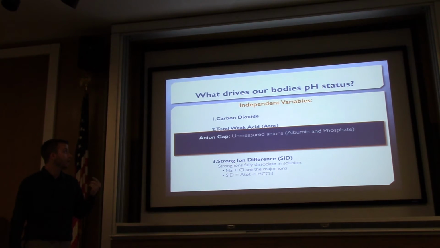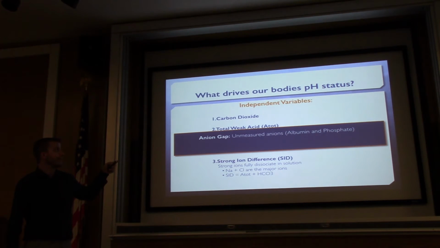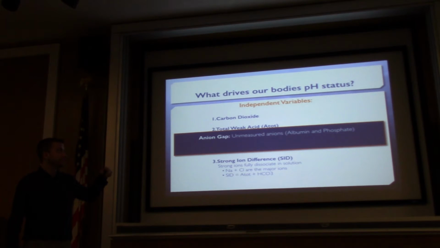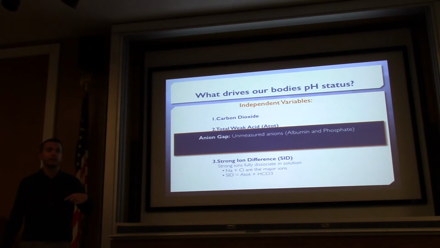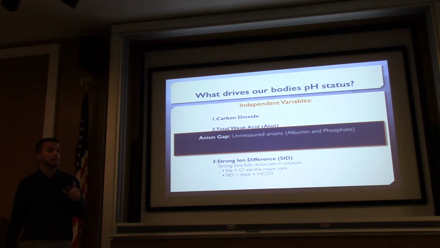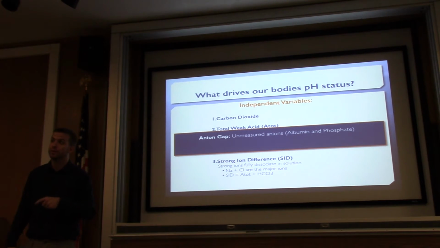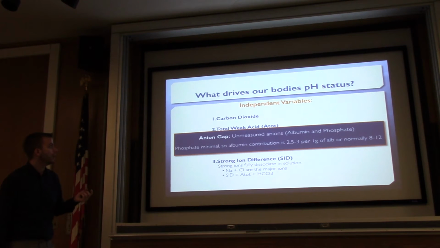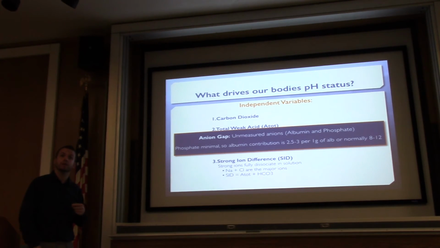Your anion gap is actually your unmeasured anions minus your bicarb, which is just your albumin and your inorganic phosphate. And normally your phosphate is too low to really matter at those levels. So it's just your albumin, which is about 2.5 to 3 per albumin. And that's why most people's gap is 8 to 12.